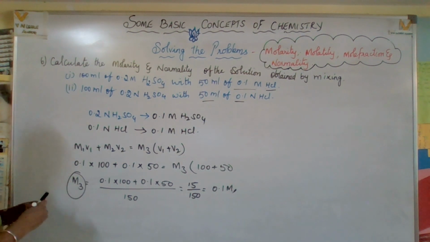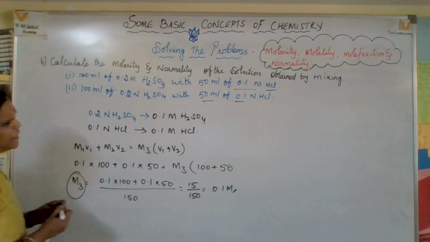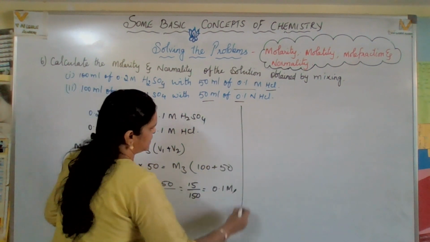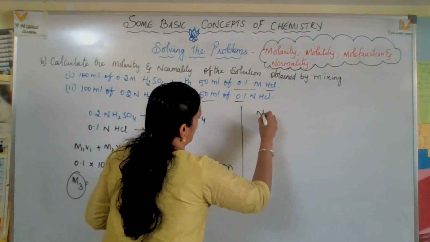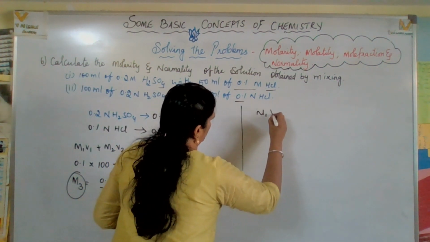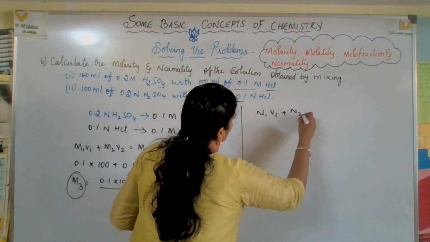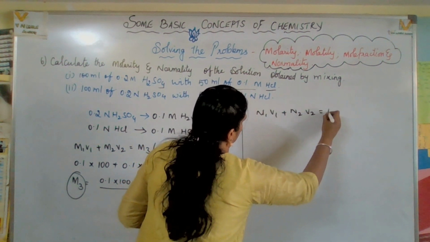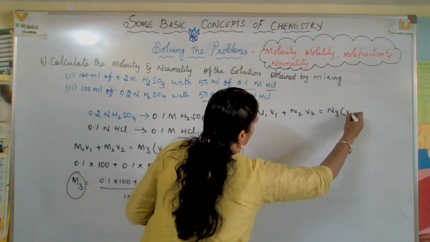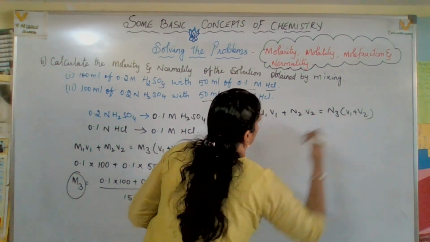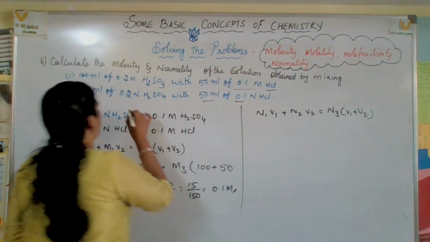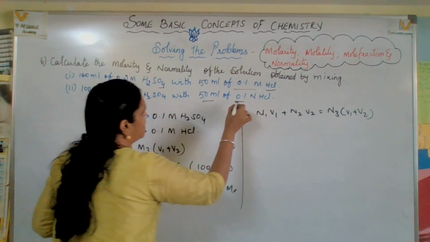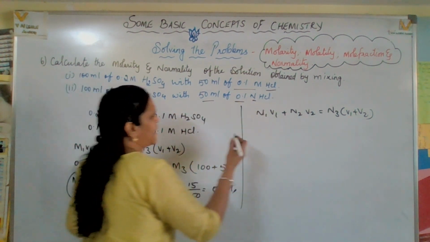Right. Now let us go for the normality. Normality also is very simple. Let us check the same way. N1 V1 plus N2 V2 equals N3 into V1 plus V2. N1 and N2 are already given, so directly we can apply.